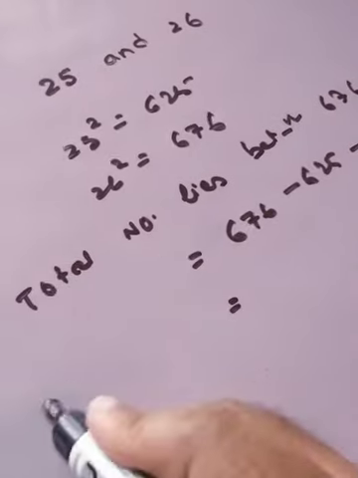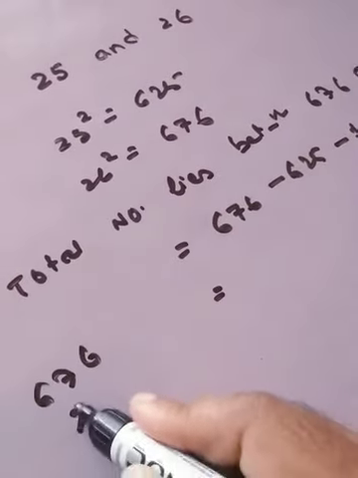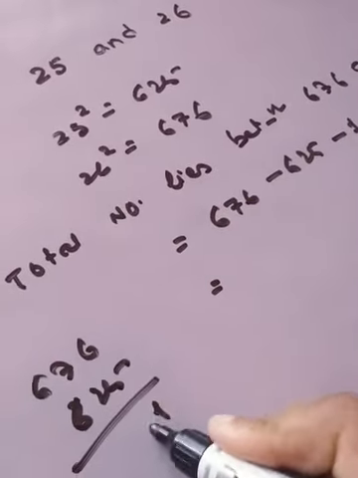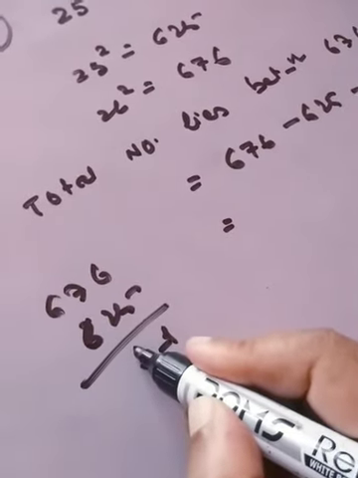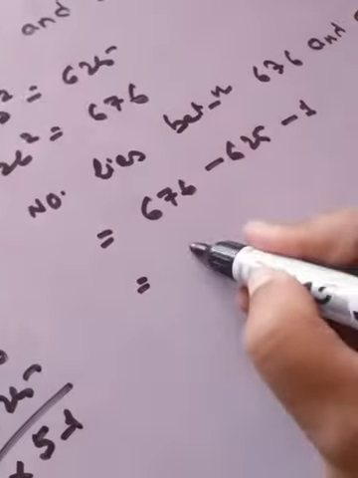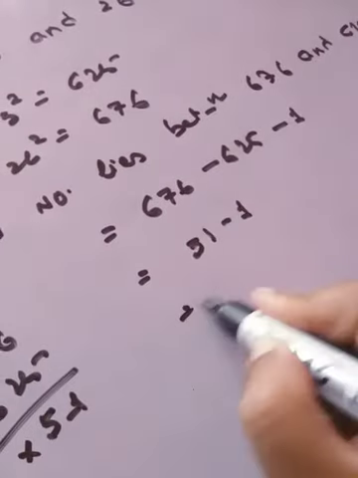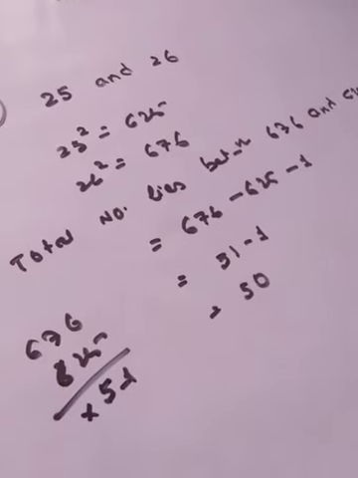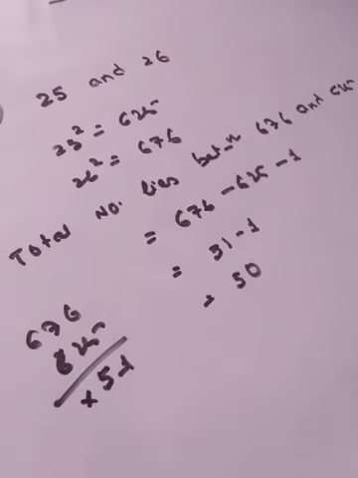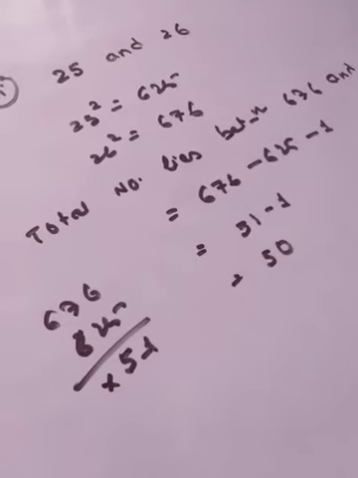Check it out: 676 minus 625 is 51, isn't it? So 51 minus 1, that is 50 numbers would be there between the squares of 25 and 26, that is, between 676 and 625.